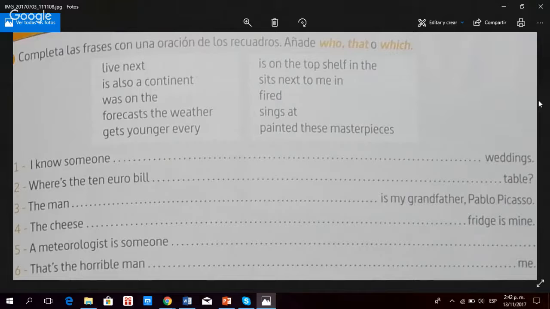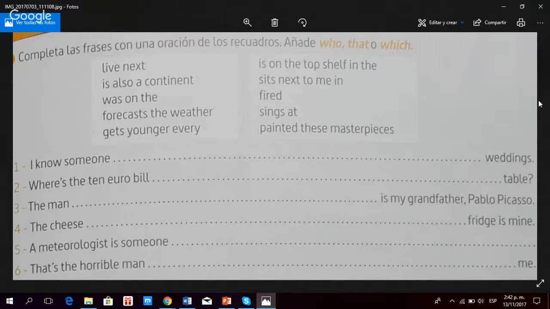The cheese which is on the top shelf, you're right. The cheese, which is on the top shelf in the fridge. You know what a fridge is? Okay. The cheese which is on the top shelf in the fridge is mine.